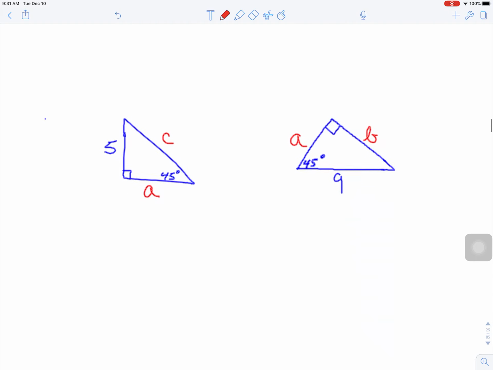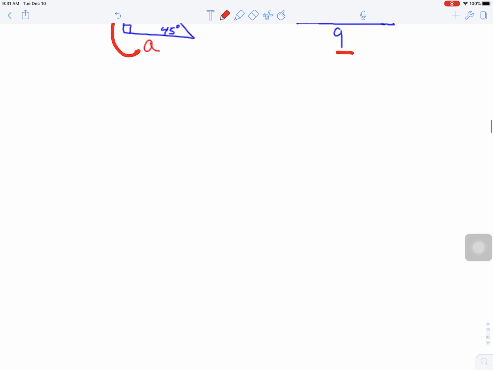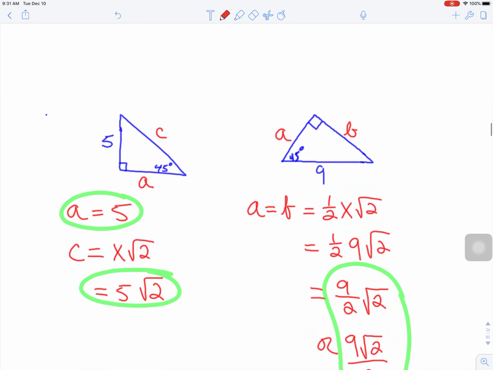So let's look at a couple examples. Here, I know one of the legs, so if that leg is 5, then of course a has to be 5. And here I know the hypotenuse. So then, as I said, a has to be 5, and then the hypotenuse is x, and x square root of 2. So 5 square root of 2.